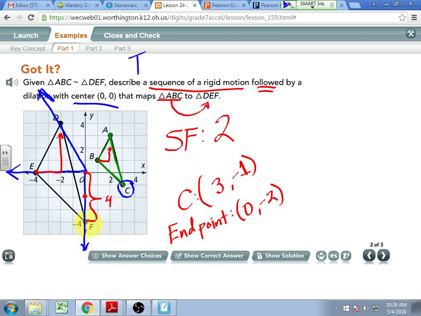So we could say translate. And I honestly think the easiest way to talk about translations is the change notation. So I'm going to say x. What happens to my x? Well, from 3 to 0. Translate x minus 3.